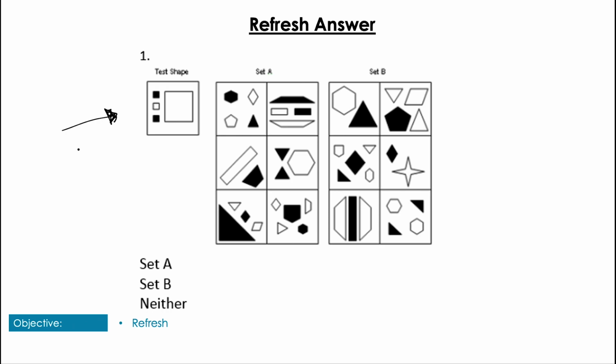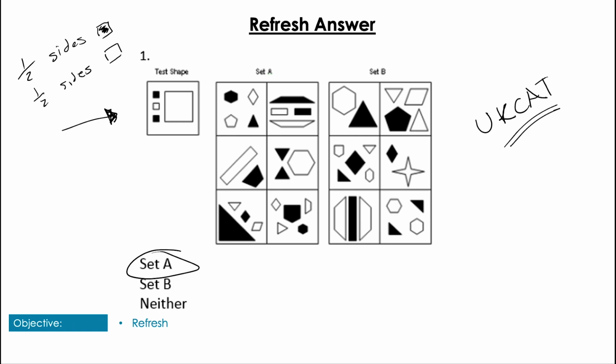So if you saw that the test shape has half of the sided shapes coloured black and half of the sided shapes coloured white, you could have also used the corners, that all matches with set A, where half of the shapes have black and half of the shapes have white, which is unlike set B.